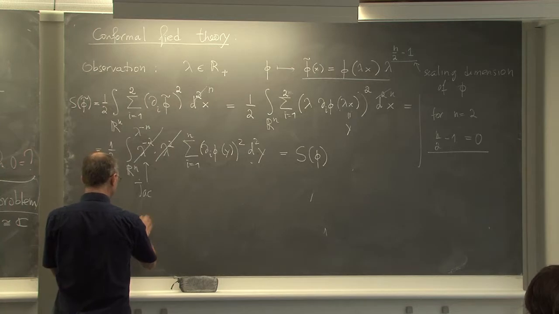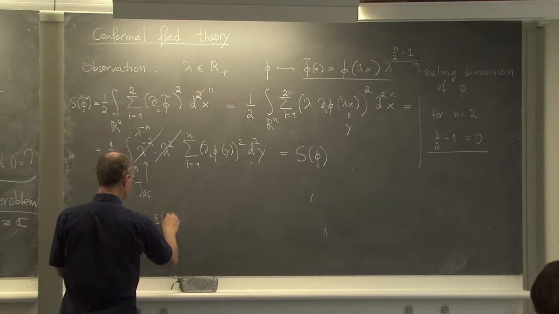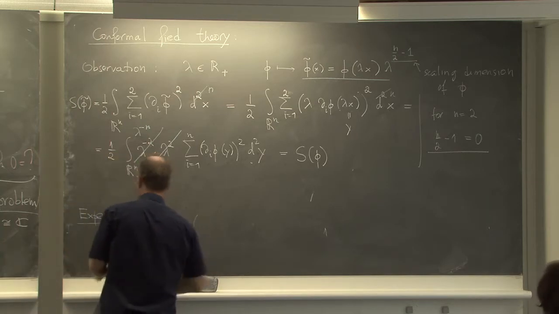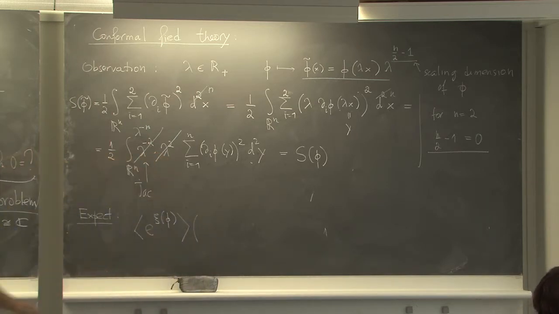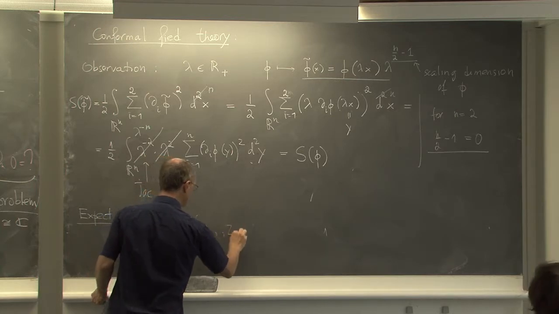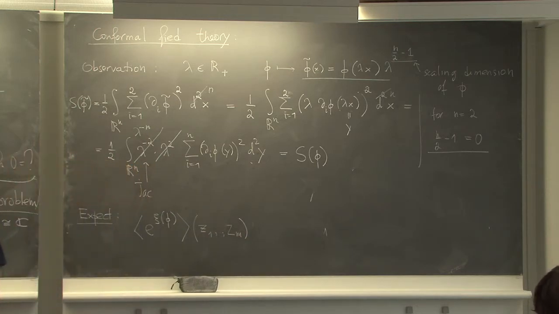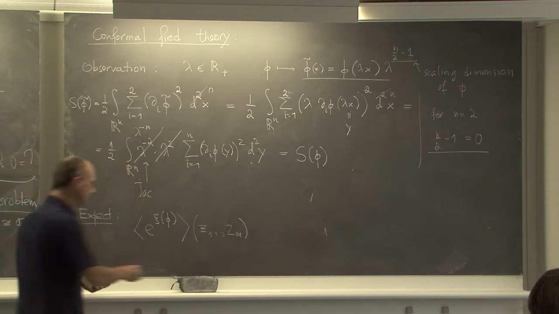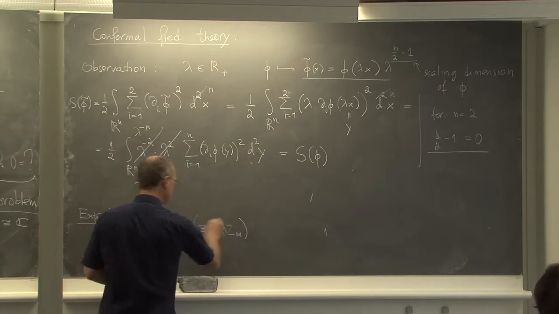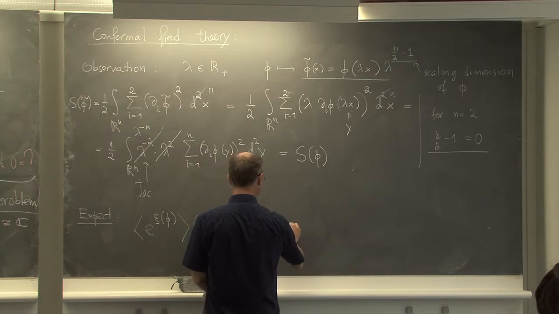So we hope that the correlation function, which is a function of z_1 to z_n, wouldn't change if we scale them.